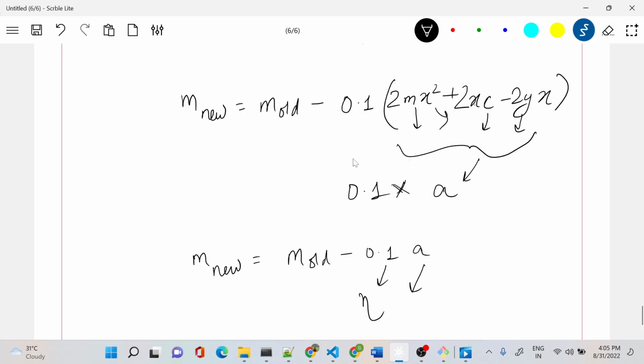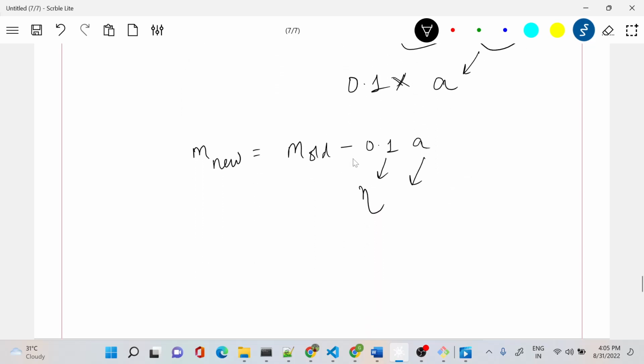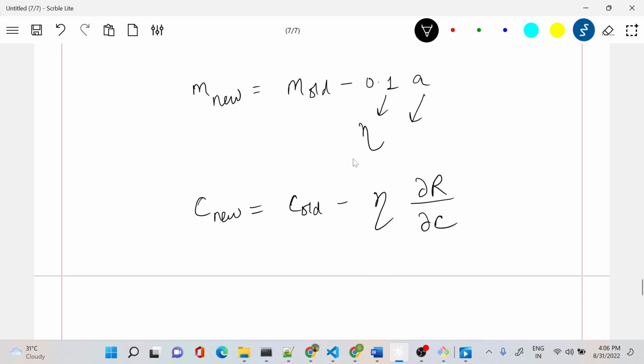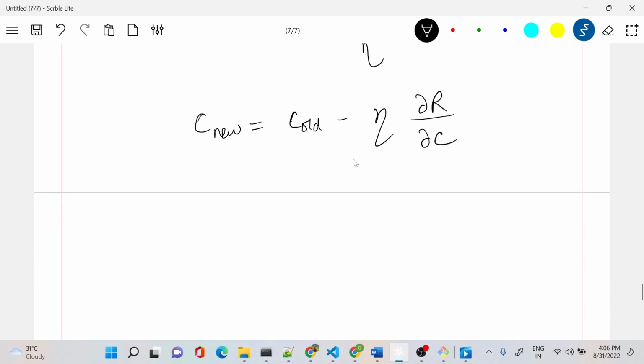This way M will be updated, and in a similar way our C new will be updated as C old minus learning rate. This learning rate will be the same for both values. Then del R, the partial derivative of the loss function with respect to C, will also give some value with some equation, and we'll put the old values of M and C and find our new value.